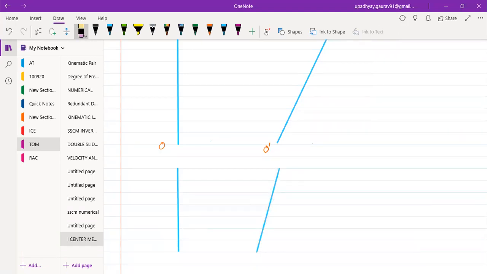Say this is the O, A, and this is the O dash, A dash.